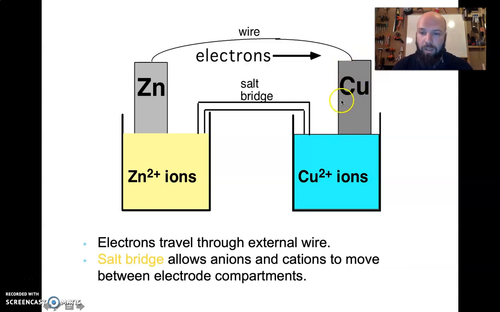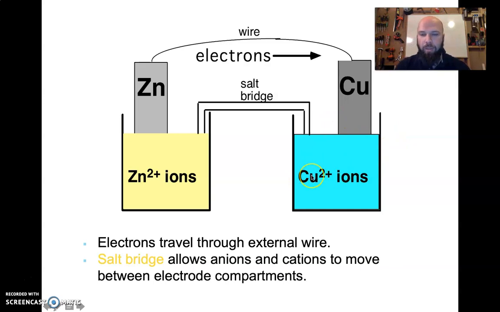Thus, the solid copper becomes ionized into this copper solution. Okay? So that the copper electrode doesn't have a charge anymore. The positive ions from that solution attach themselves to the copper electrode, and you actually get solids starting to form here.